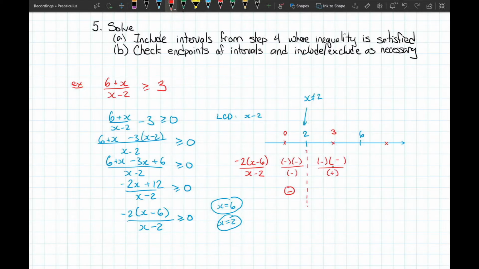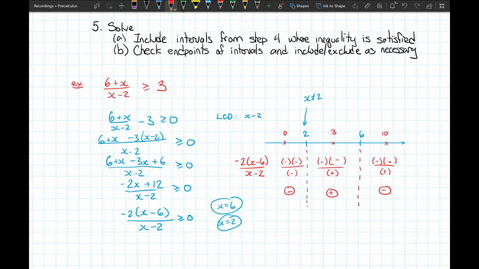And a product of two negatives is positive, and taking a quotient, positive divided by positive is positive. And jumping one more interval over, pick a number bigger than 6, maybe 10 is great, and try that out. Negative 2 times 10 minus 6 is positive, divided by 10 minus 2 is positive, and overall negative.